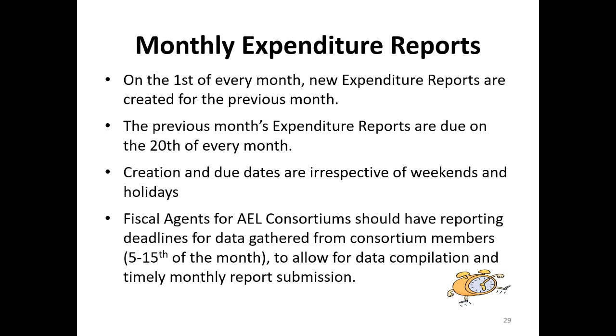So if the 20th falls on a Saturday or any other holiday, the system is a hard-coded, date-based system. So keep in mind, if you happen to be an entity that's a fiscal agent for a consortium, that these deadlines are hard-coded, and if you need to gather information from other members of your consortium, you need to do that in a timely enough manner to be able to comply with the 20th deadline.